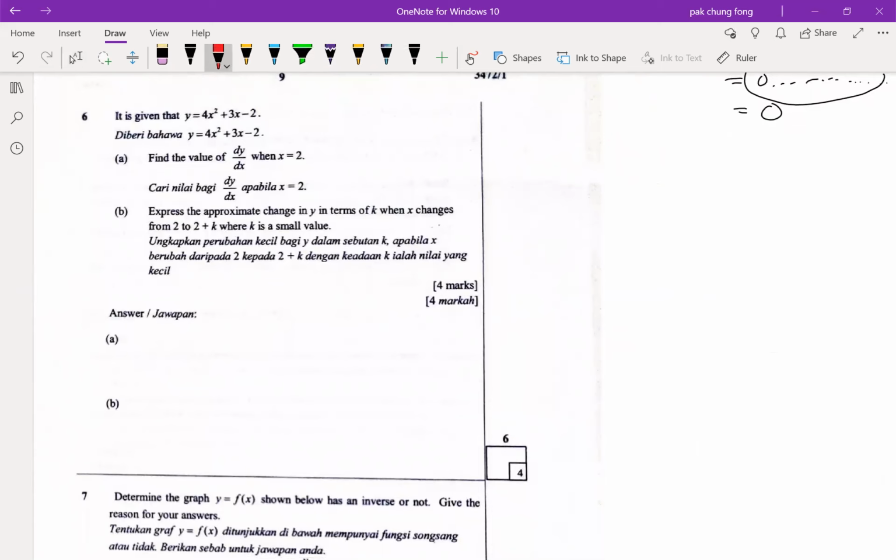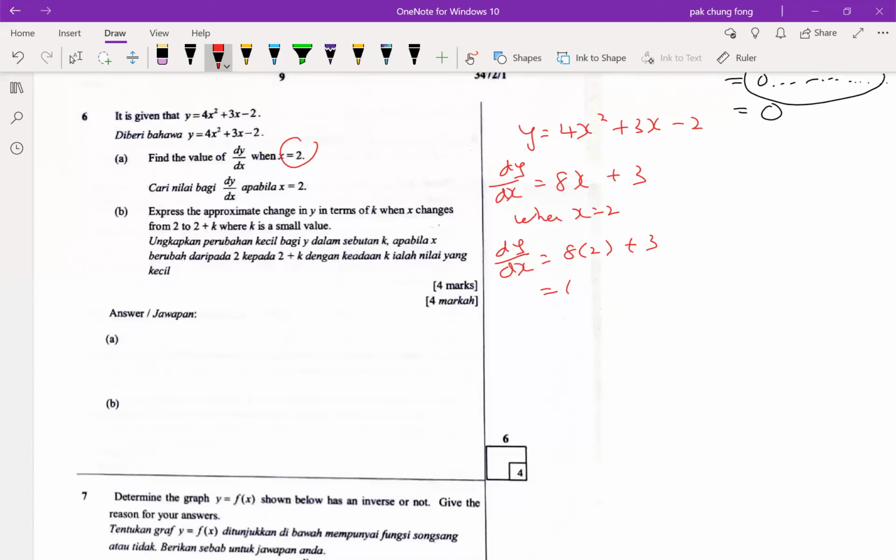Question 6. Find the value of dy dx when x is equal. Do dy dx: 8x plus 3, and when x equals 2, dy dx is 8 times 2 plus 3, 19. That is the answer to A. For B, find the approximate change in y, delta y, in terms of k when x changes from 2 to 2 plus k, so delta x equals k.